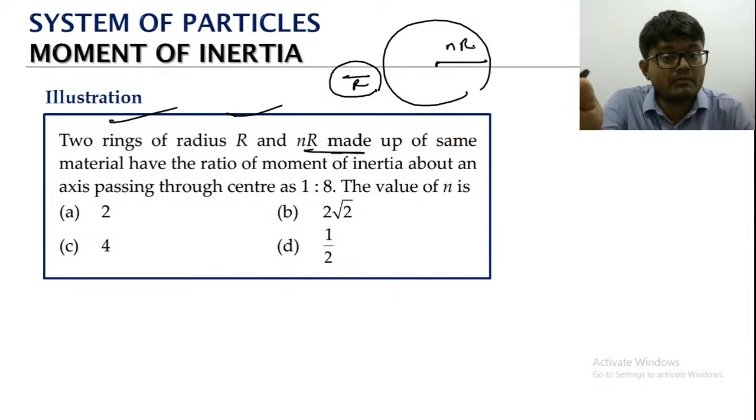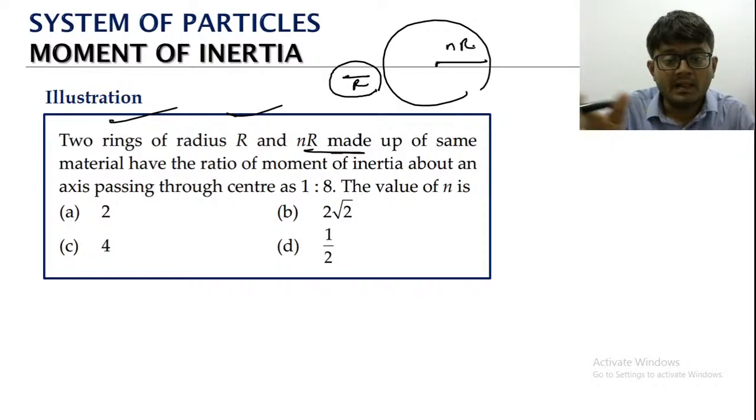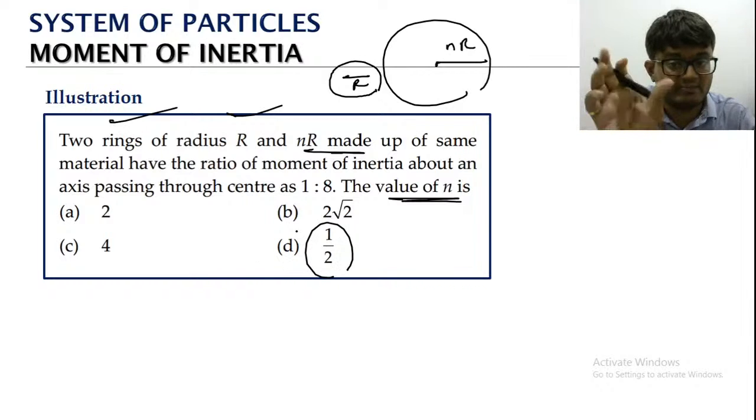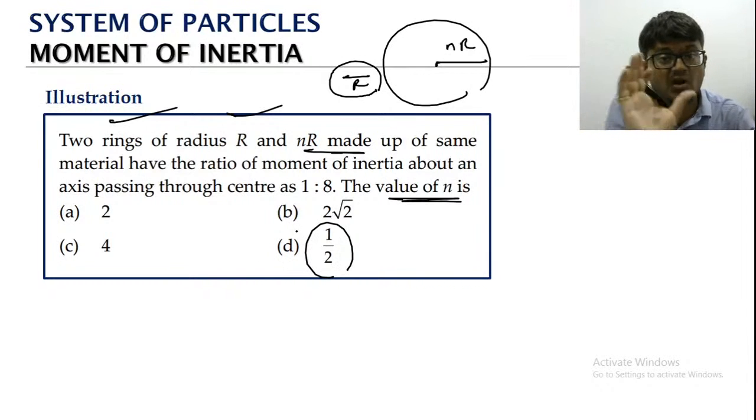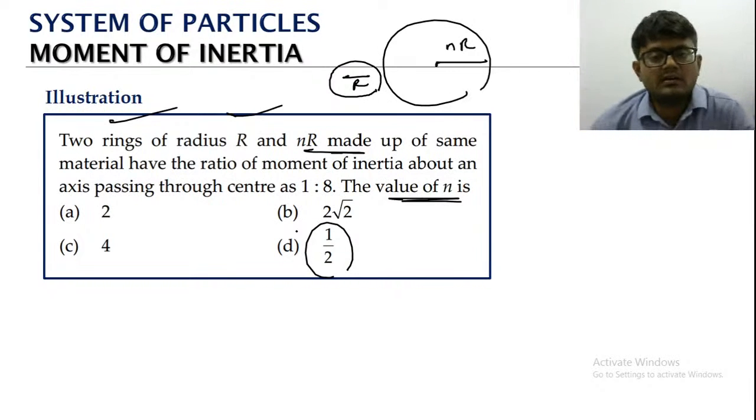The way I'm drawing it looks like n is a number more than 1, because I've drawn a bigger ring. If you look at the options, they're finally asking us the value of n. One option says n is half, which would mean a smaller ring, but we just have to draw it differently.